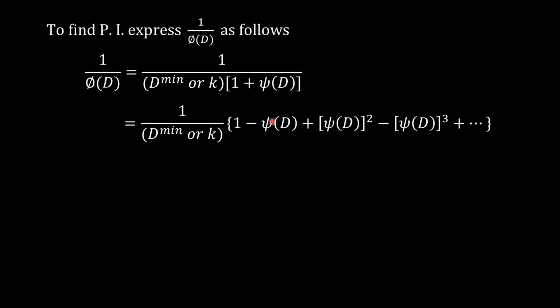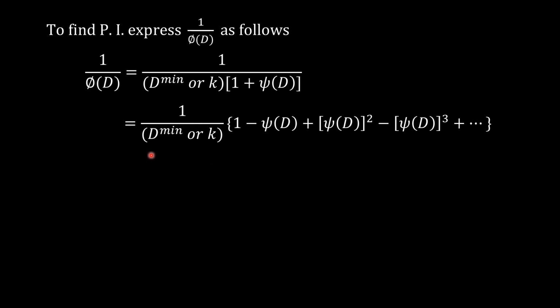So this is what we get for 1 plus psi of d, and then we operate this expression on the given polynomial function. Once we operate this whole term on the polynomial function, then we operate 1 upon d raised to the minimum power. If k is there, then we don't have to do anything.